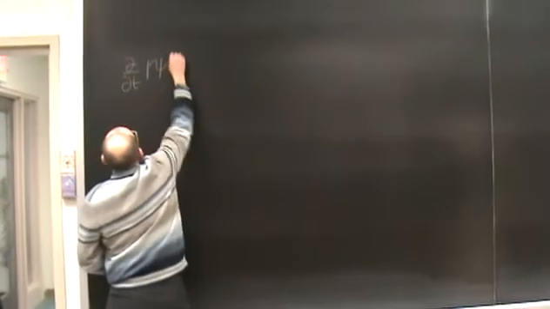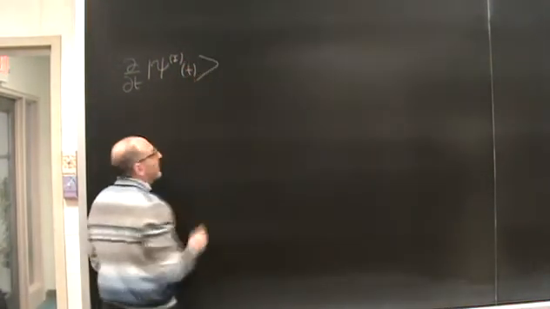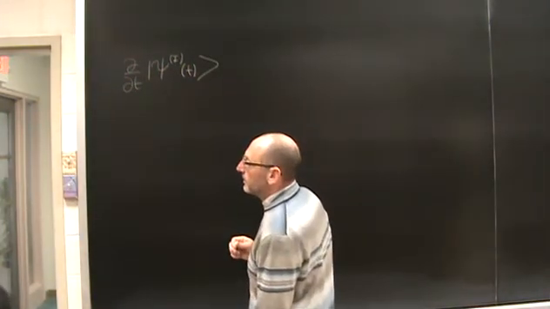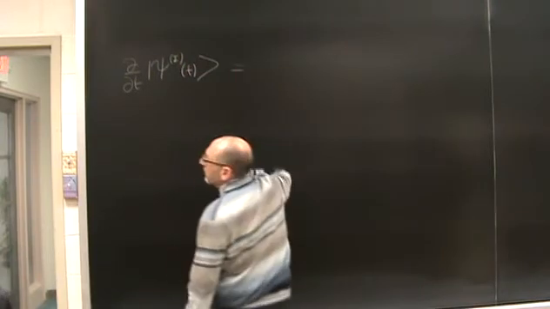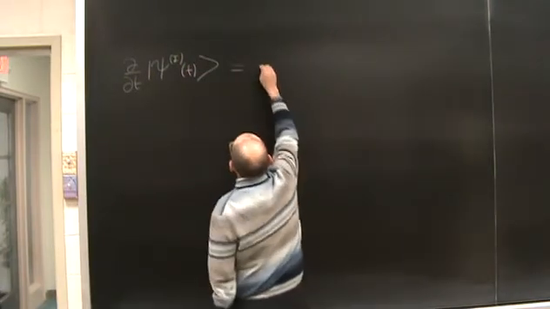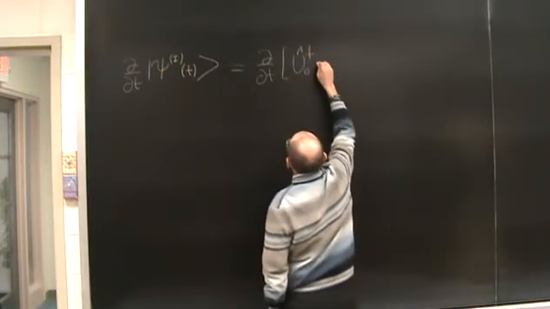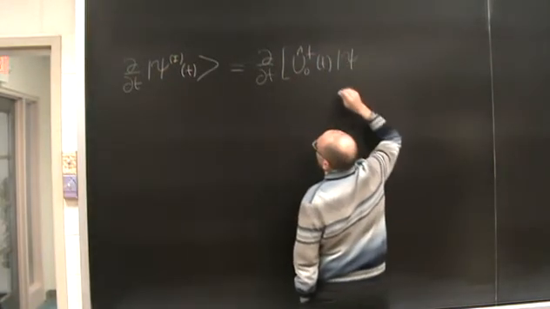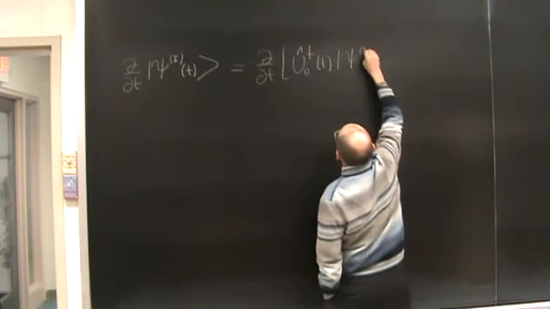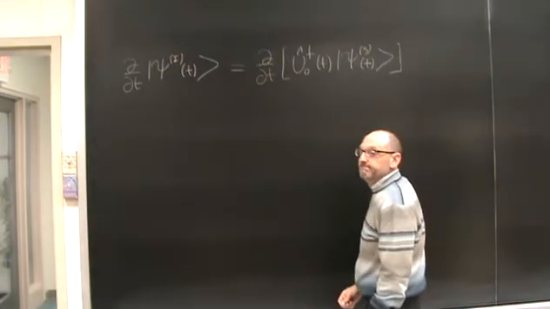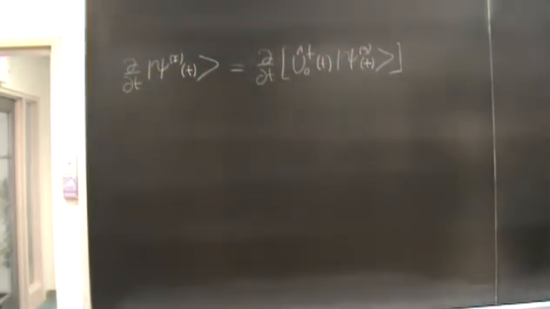The time evolution of the state in the interaction picture is equal to the time derivative of U0 dagger acting on the Schrödinger picture state.